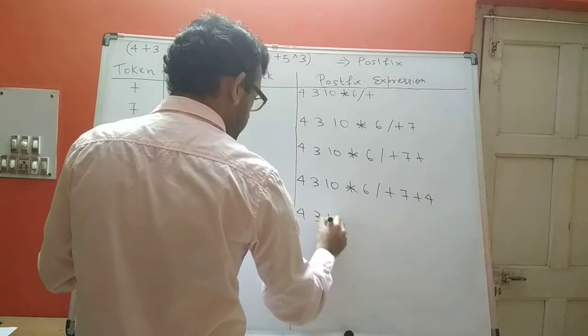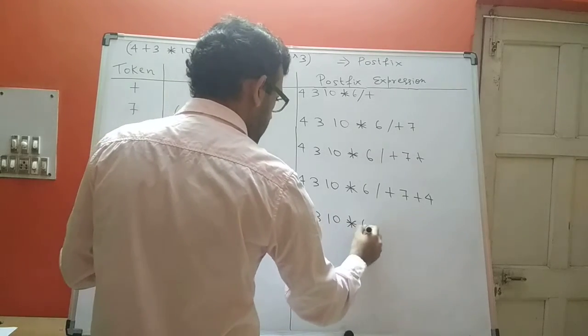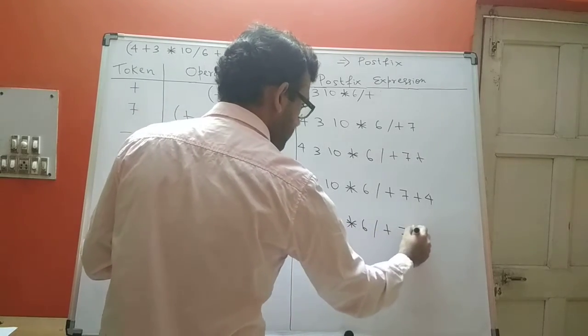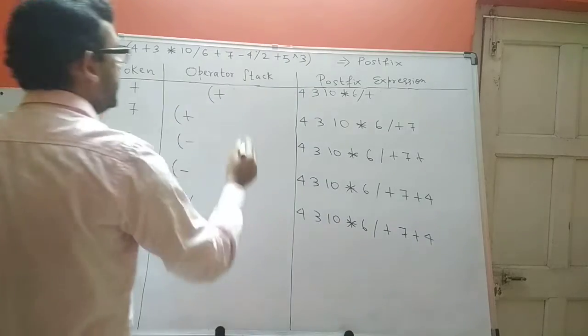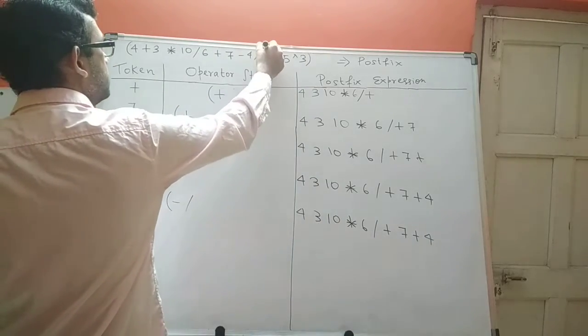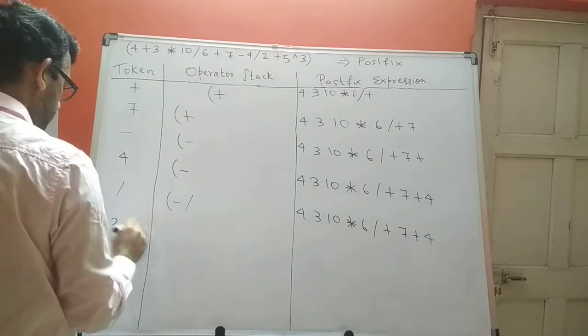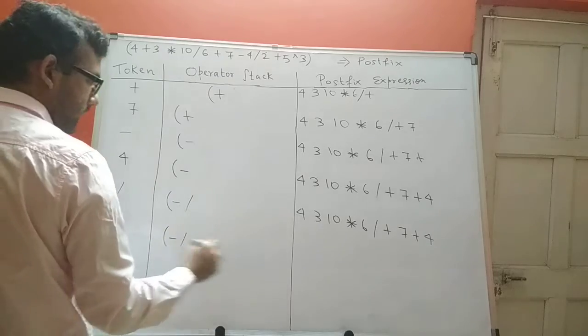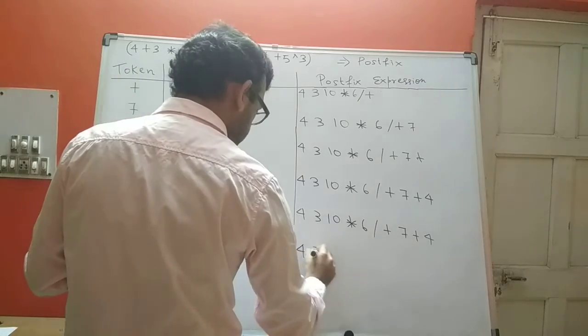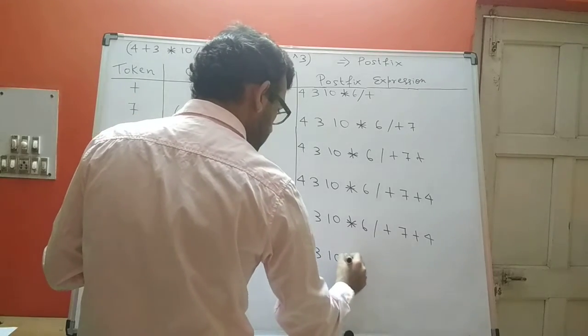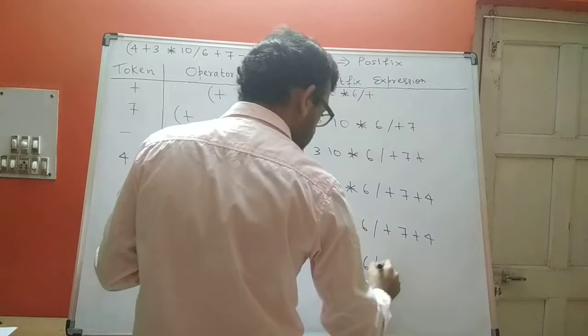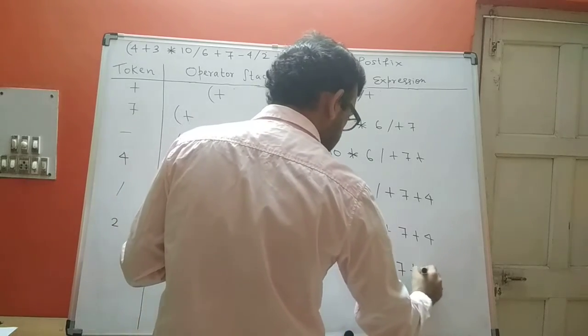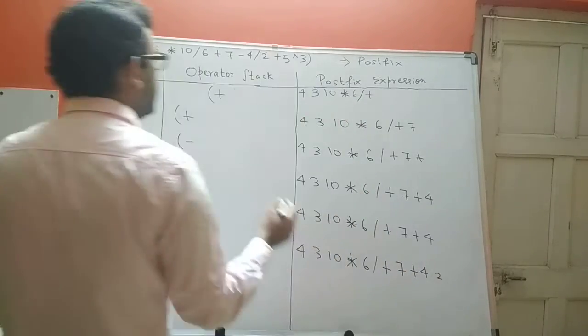So my postfix expression remains unchanged. Then after division you have 2. 2 is an operand, so I'll add it to the output, with 2 appended at the end.